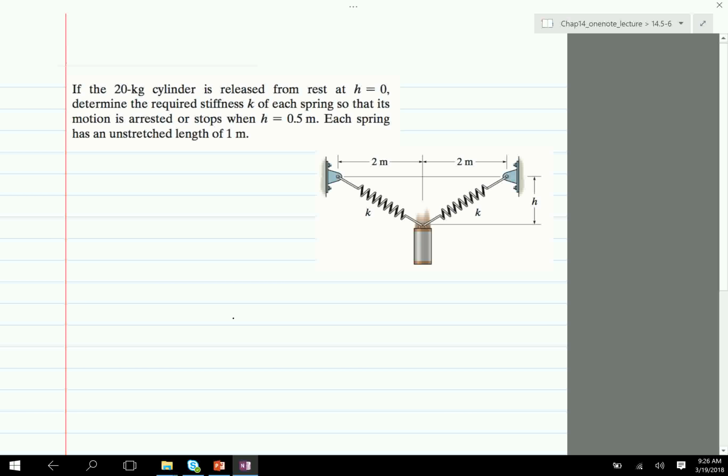Okay, so if the 20 kilogram cylinder is released from rest at height h equals 0, so this is the height. Determine the required stiffness K of each spring so that its motion is arrested or stops when h equals 0.5. Each spring has an unstretched length of 1 meter.